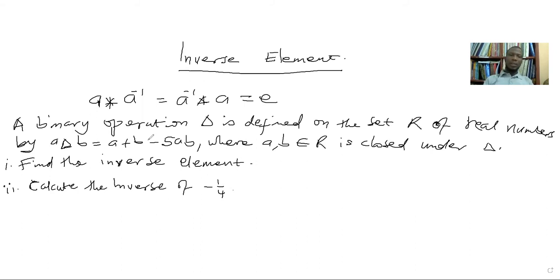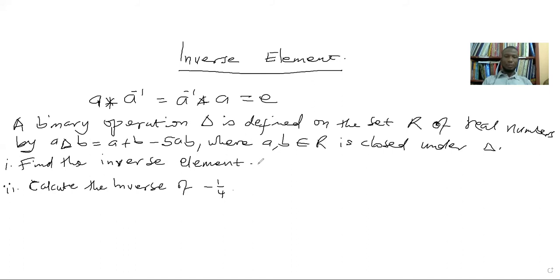All right, a binary operation delta is defined on the set R of real numbers by a delta b equals a plus b minus 5ab, where a and b belong to R, is closed under the operation delta. Find the inverse element, and then calculate the inverse of negative 1 over 4.